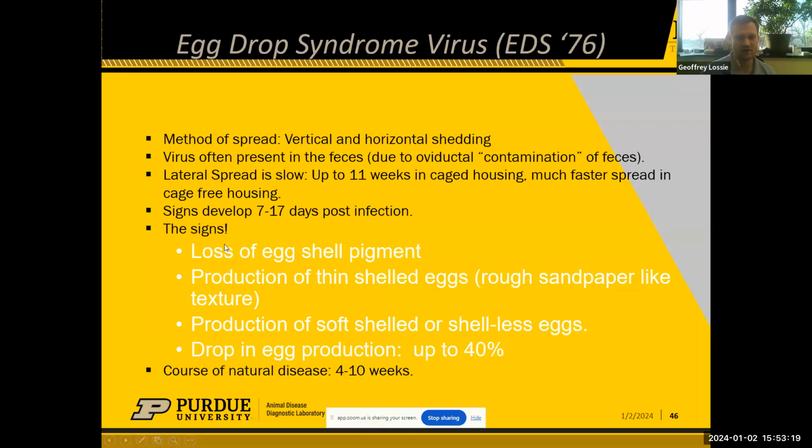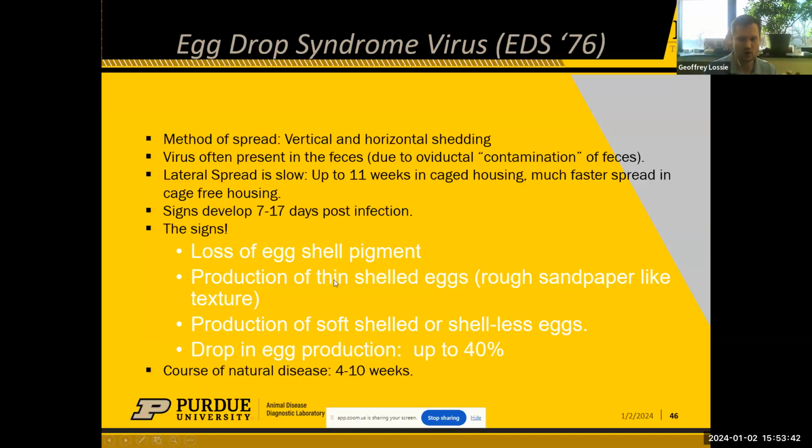You can get loss of eggshell pigment. You get thin-shelled eggs that might have a rough, sandpaper-like texture. You might have soft-shelled or even shell-less eggs, so it'll appear as just yolk with an albumin and then a thin membrane, but no actual shell. And it can cause a drop in egg production.